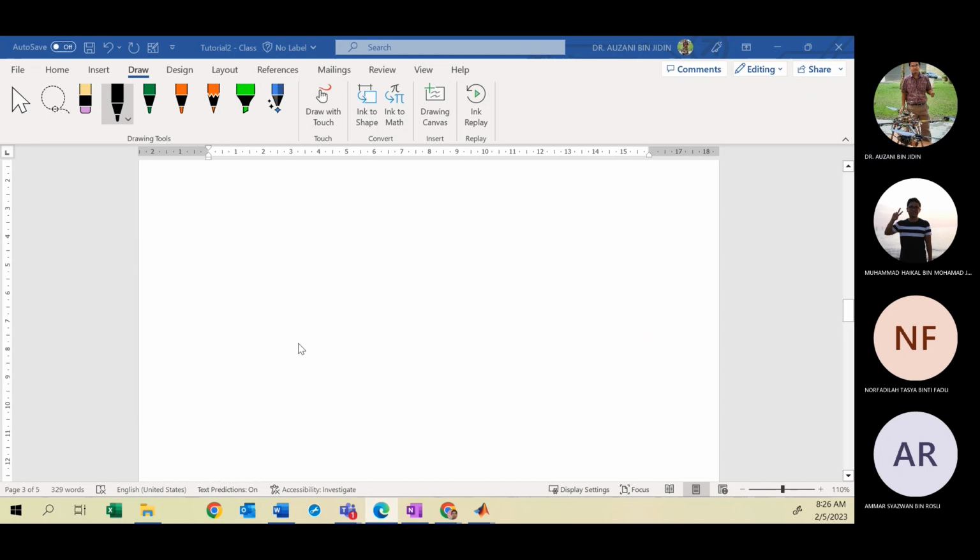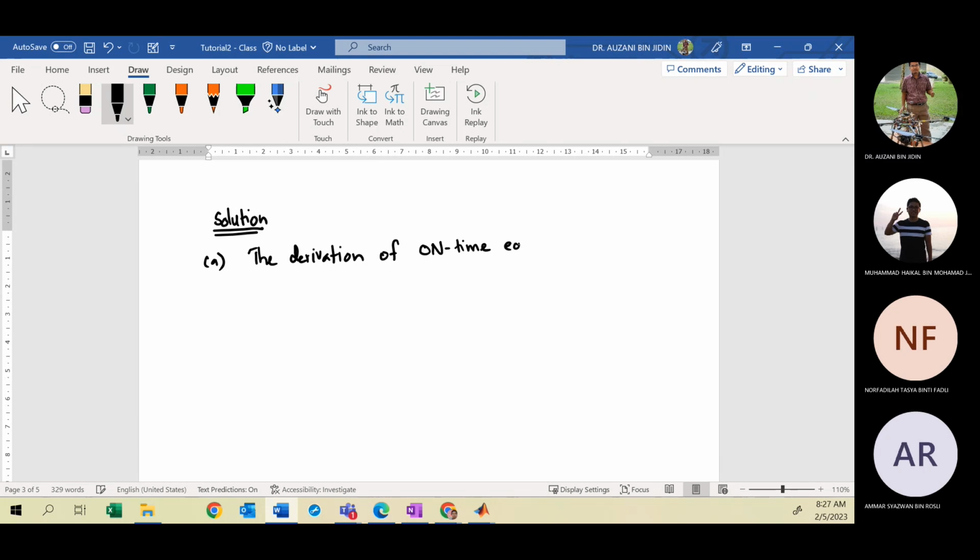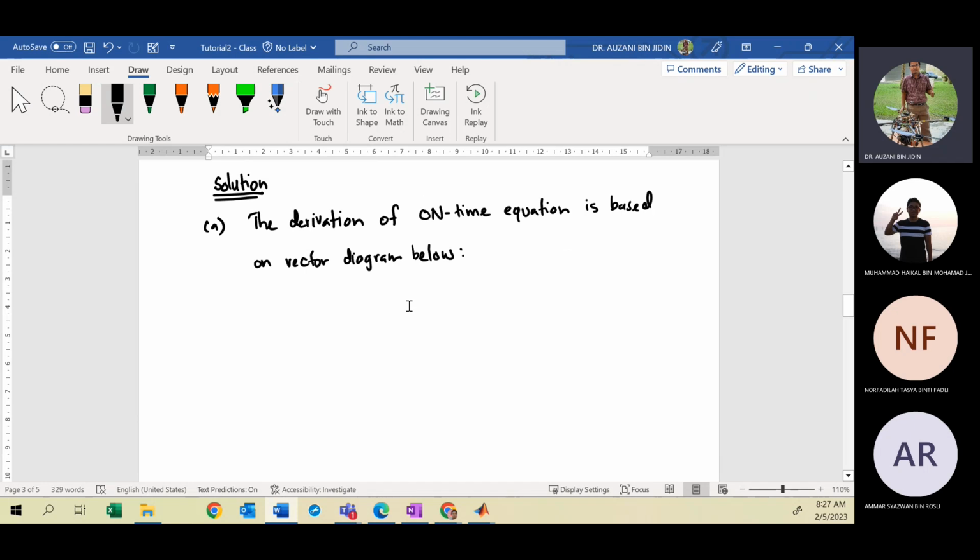Solution. For part A, the derivation of on time is based on the vector diagram, so you need to draw the vector diagram first.